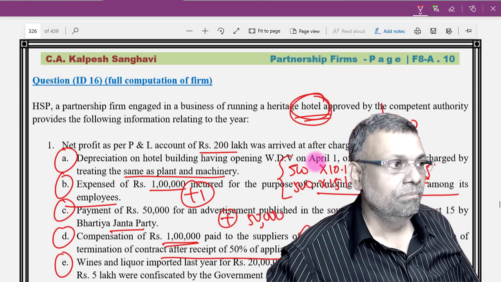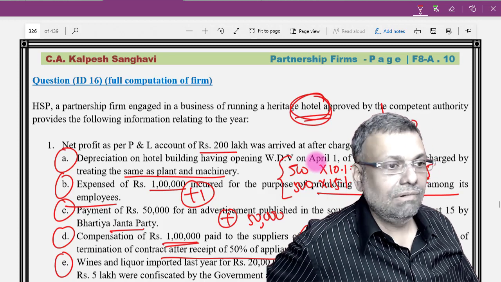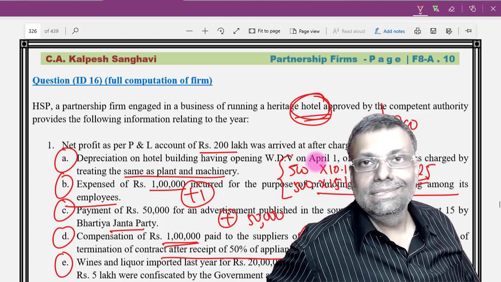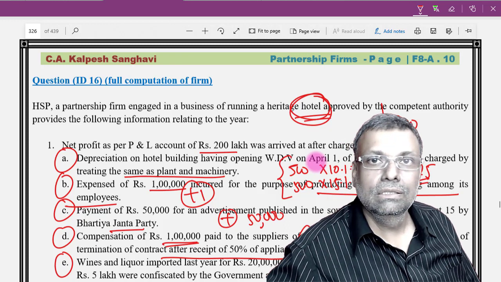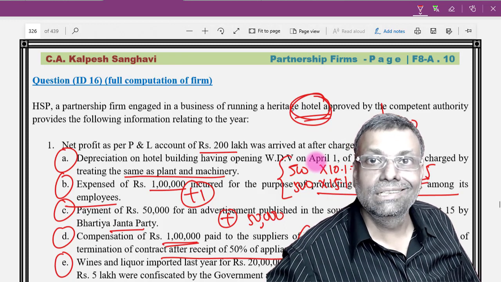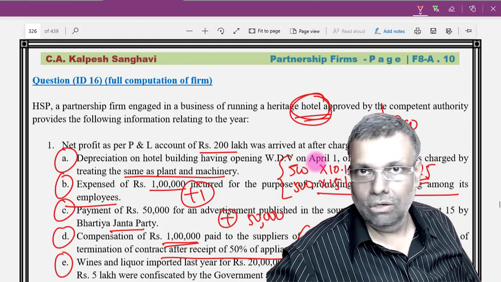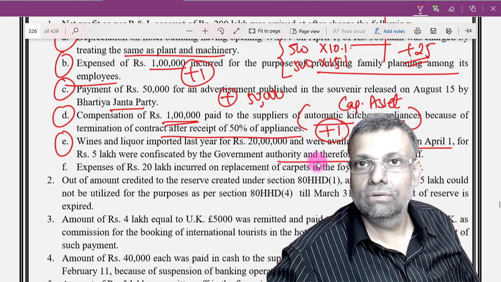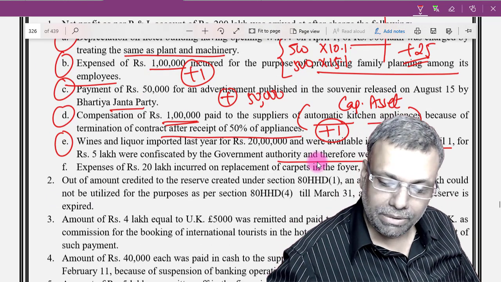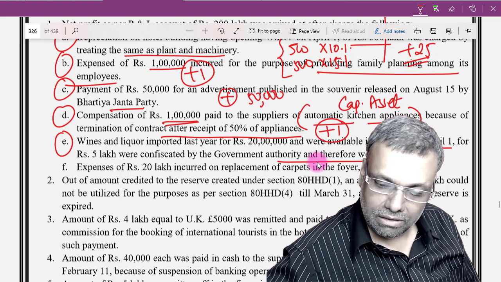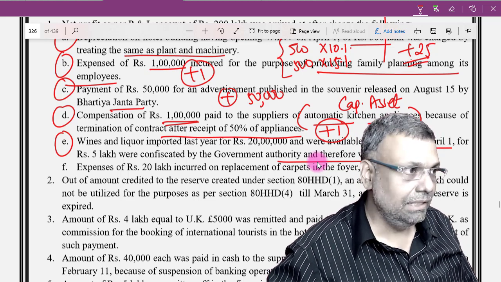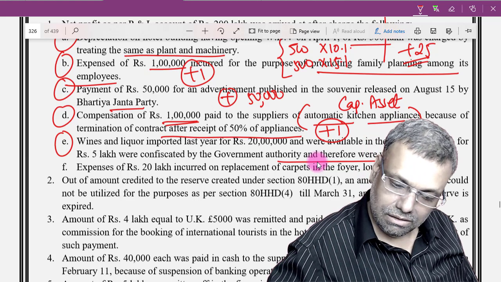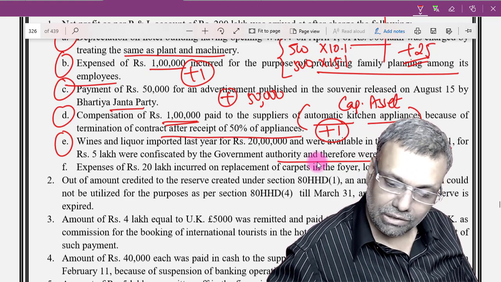So for a hotel, these wines and liquors are like stock in trade. It is not a capital asset to you. So there is a loss, no doubt about it, and this loss is in the course of the business, and you have lost that money. So ultimately, this is some stock adjustment that you have already done.